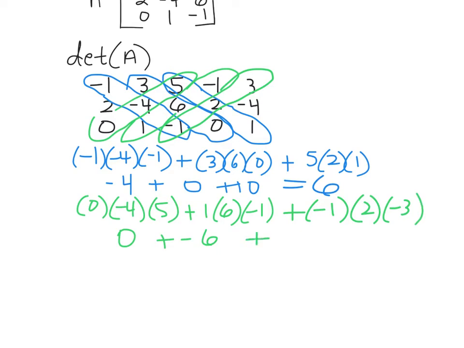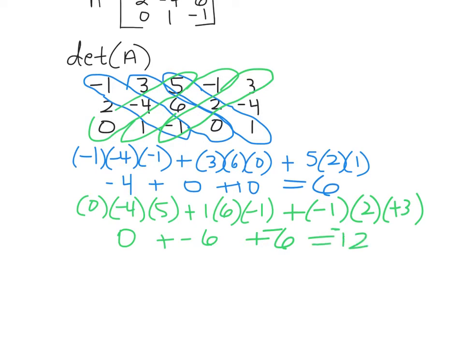No, +6. Did I do all that right? Wait, why is it? Did I do something wrong? Oh, it's +3. That's what was wrong. I felt like I was doing something wrong because I knew I didn't get 0 there. All right, so I accidentally made that a negative, but it's positive. You're right. -1 times 2 times 3 is -6, and so I get -12.